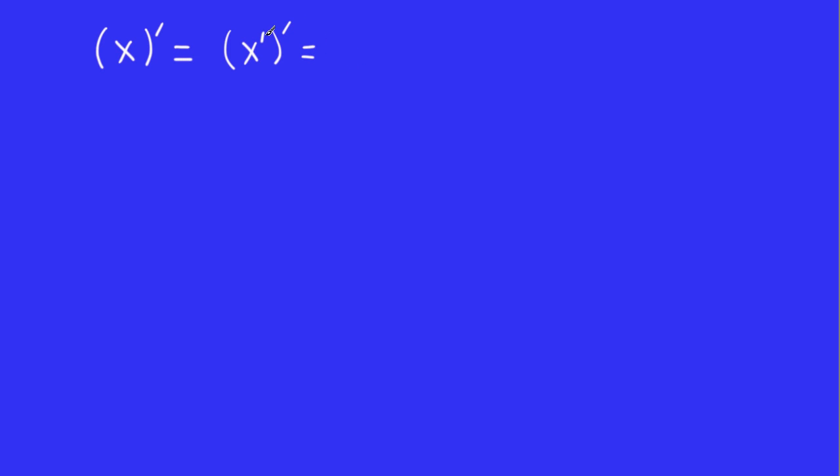And so we could use our power rule with n being 1. Let's see what happens. We get 1 x to the 1 minus 1, which is 1x to the 0. And remember, anything to the power of 0 is 1. So this is like 1 times 1, which is 1. So the derivative of x is 1.